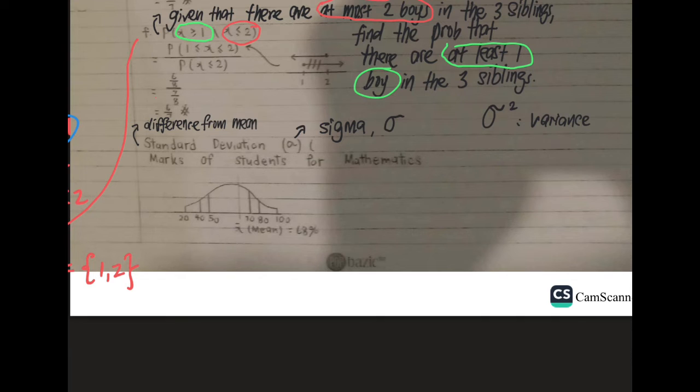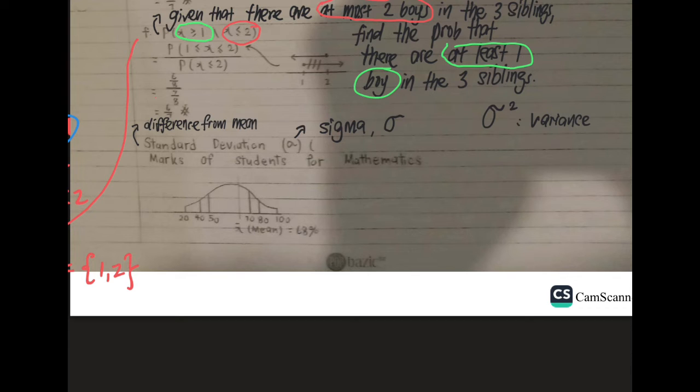That is standard deviation. Of course there's a formula to count standard deviation, to find the difference from the mean. The formula we don't care about first. If later in this paper there is, then I will just explain based on that. Now let's understand it first.